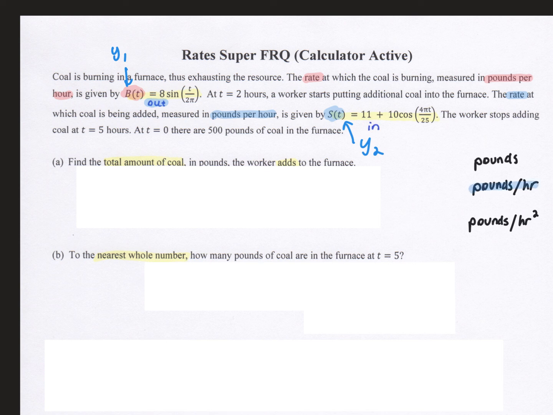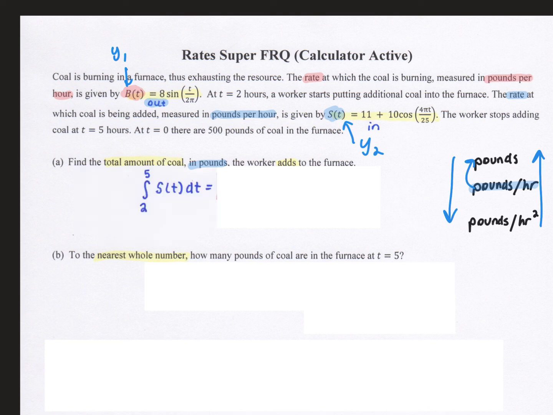If I want to get back to pounds, because that's what the question is asking, I need to move upwards in this list, and I need to integrate. If I need to move down in this list, I do a derivative. If I need to move up in this list, I do an integral. So from pounds per hour back to pounds, I'm going to integrate.